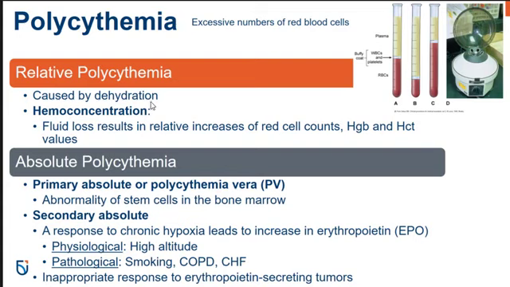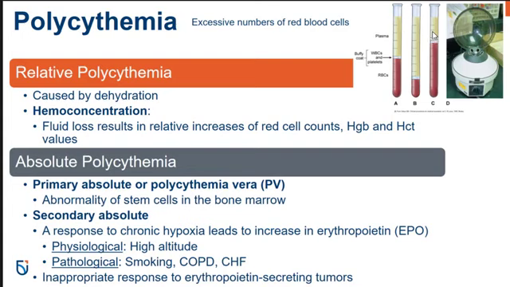So if you are dehydrated, that means you're going to have less plasma, because we know plasma is made of primarily water, over 90% water. So if you're dehydrated, it's going to appear like you have more red blood cells than you should. So it's this relative polycythemia.